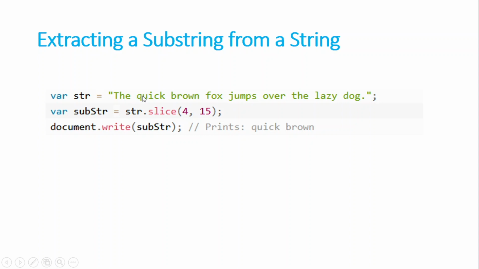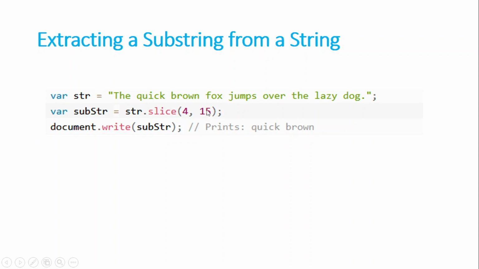So from q to 15. So from the 4 to 15 index it will be here. So it will return quick brown to us. So quick brown will be stored inside sub str. If you don't provide the n index, then it will take up the complete string after the starting index.